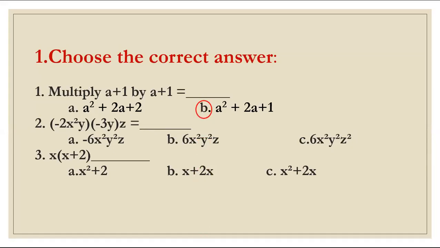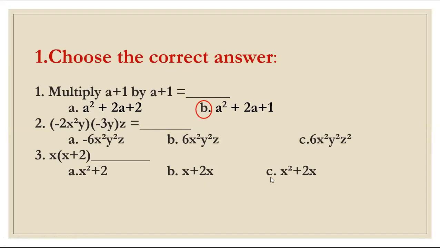Answer is B, not A. Answer is B, because when we multiply the last 2 terms, we get 1 into 1 is 1, not 2. We do not have to add. Suhaib, you gave a late answer. Okay, 1 into 1 is 1, not 2.